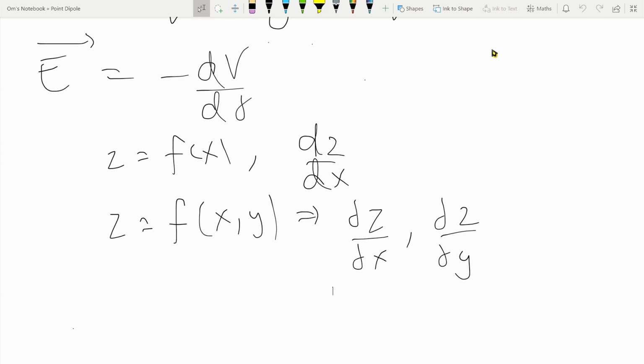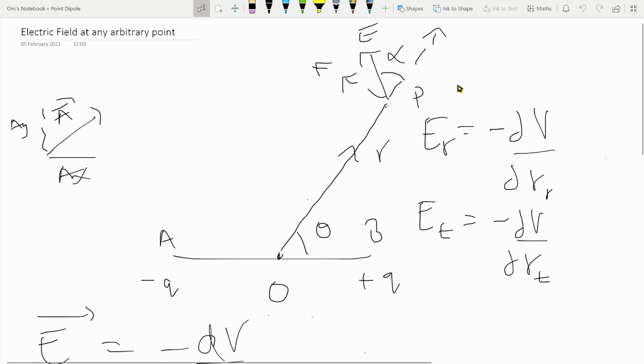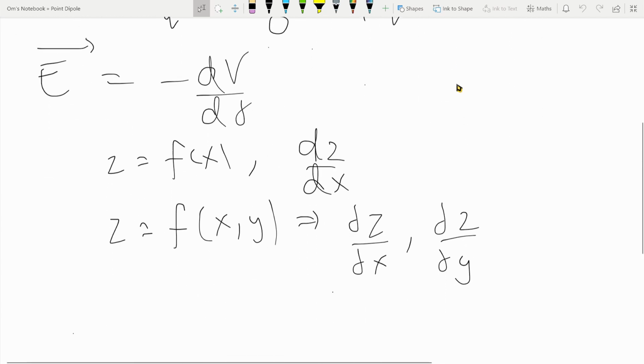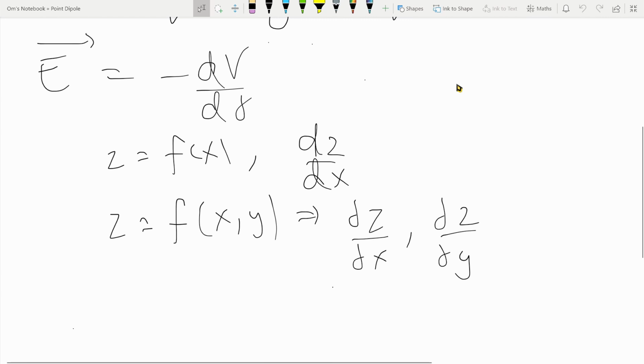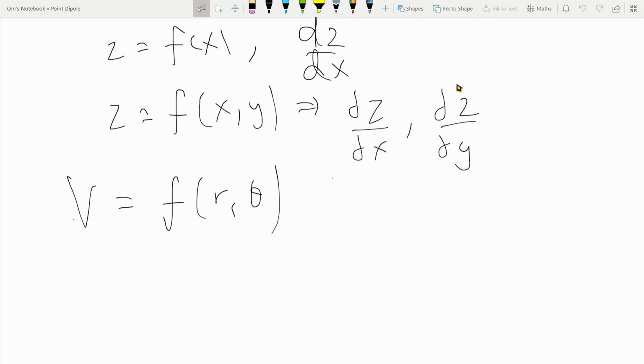And this might actually seem a bit not very logical, but once you look at the physical scenario over here, it makes a lot more sense. Because in this case, we have V over here, that is, the potential is a function of both r, that is the distance of the point from the center, and also of the angle theta at which this point is inclined with respect to the center.